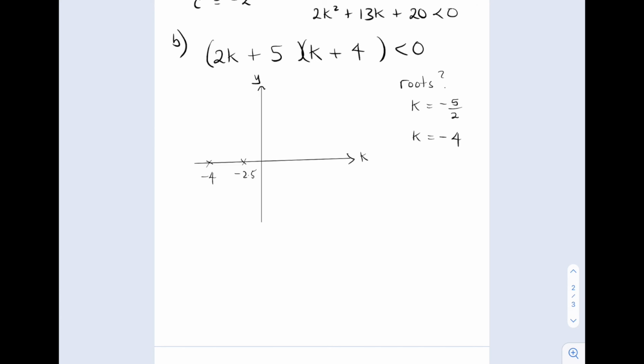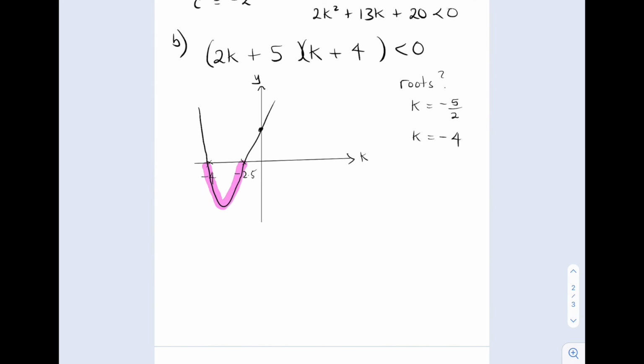And it's a positive quadratic because when we multiply out these two terms, we get a 2k squared. So it's the shape like so, and it'll cross the y-axis somewhere. Just pop that there for argument's sake. And so I can see now this quadratic is below the line when k is between minus 4 and minus 2.5.